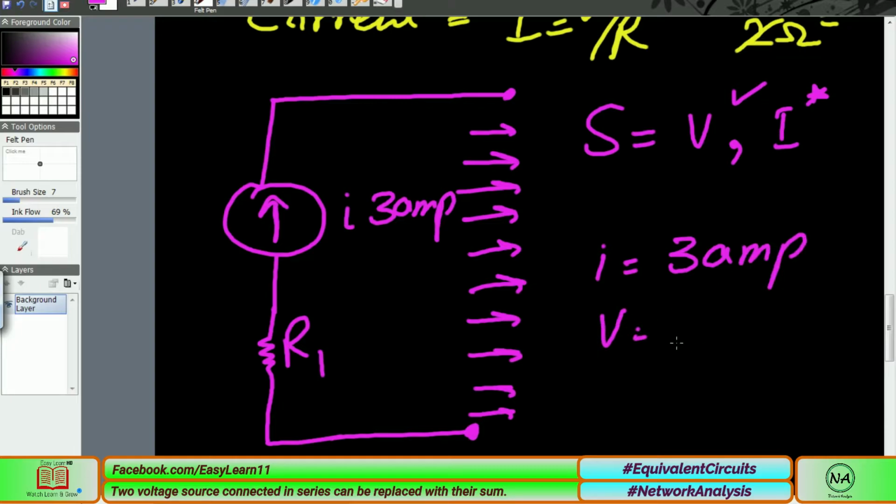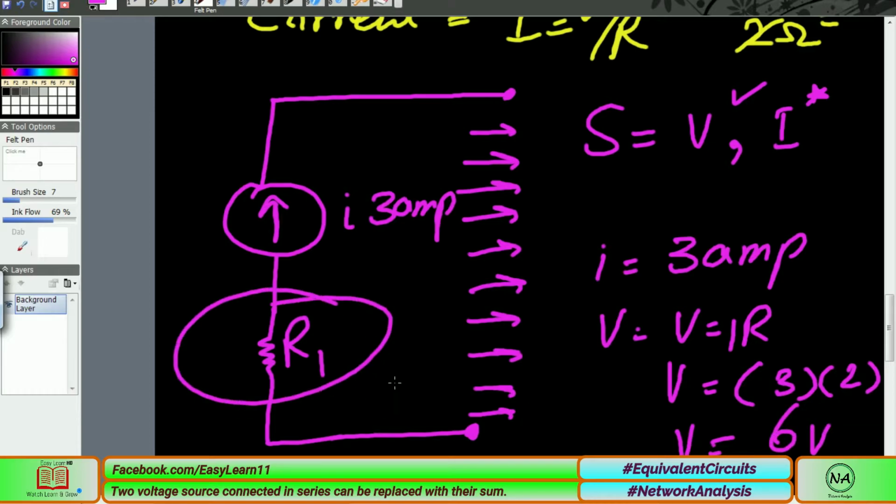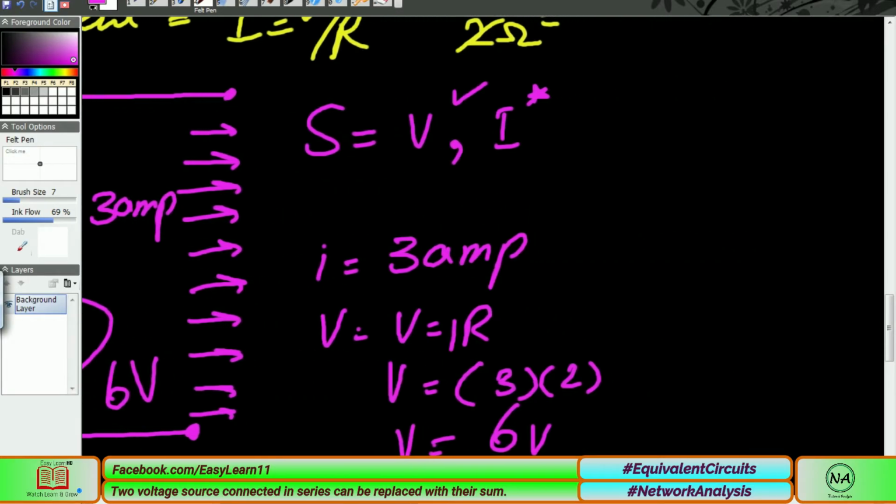So for voltage, again, V is equal to IR formula. V is equal to current 3, resistance is again 2 ohm, 3 into 2, 6 volts. So across this we can say we have 6 volts. So this is the way we can calculate the voltage and resistance across a resistor, and we can also find out the equivalent circuit.